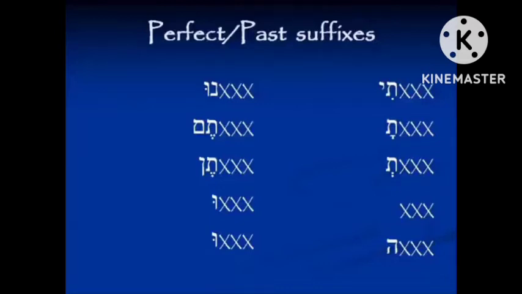He did something. So for example, we have shamar, katav, lamad. Those are all pa'al, the kal, the easiest form, the simplest form.